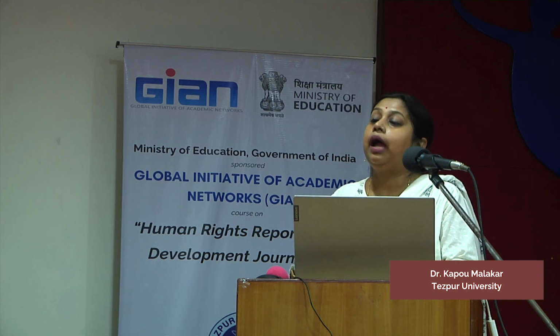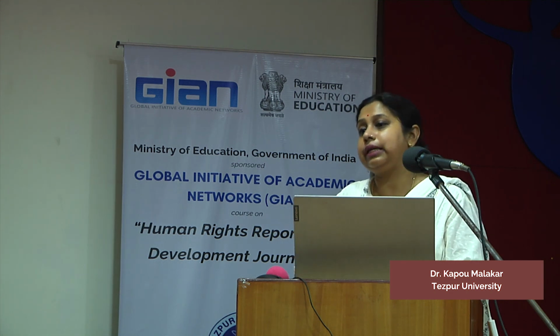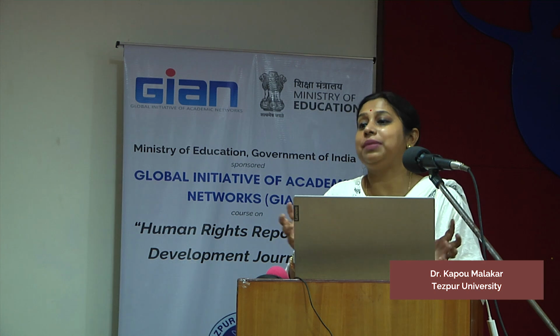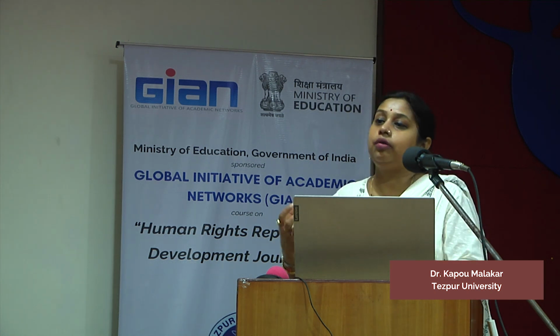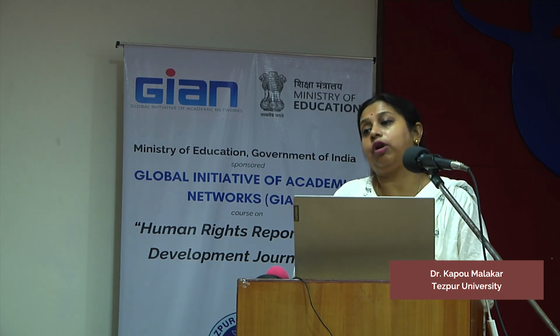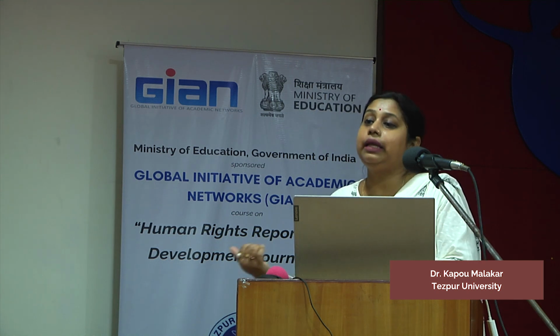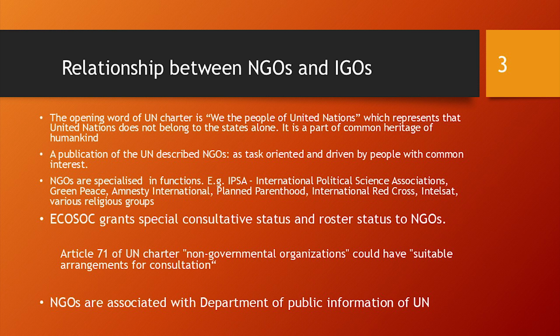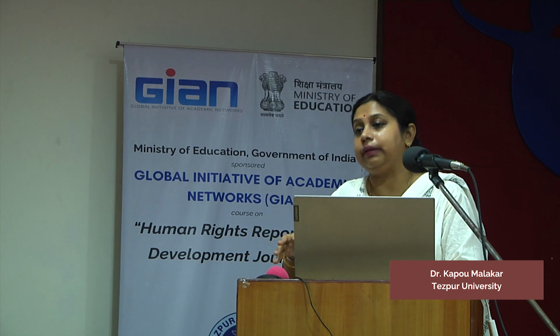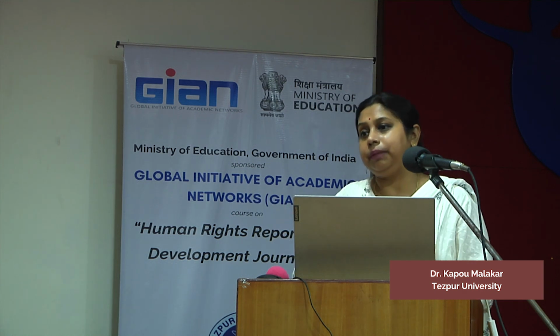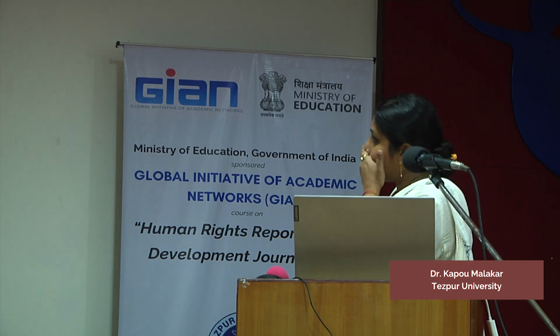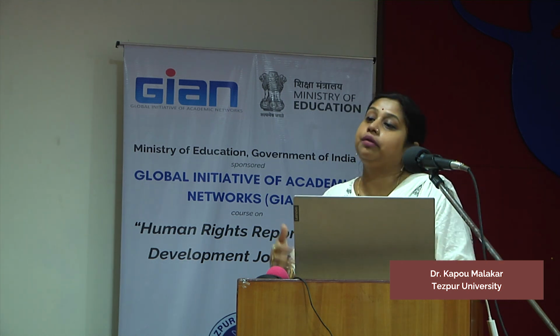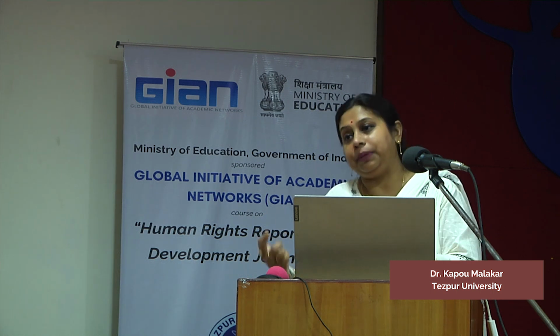But when we come to NGOs, NGOs are basically a form of organization and organized action by individual members. So that's what has differentiated NGOs from IGOs, because NGOs are basically focusing upon the people. It is also run by the people, governed by the people, with a specific aim and objective. At the same time, it is also trying to create change for the people.